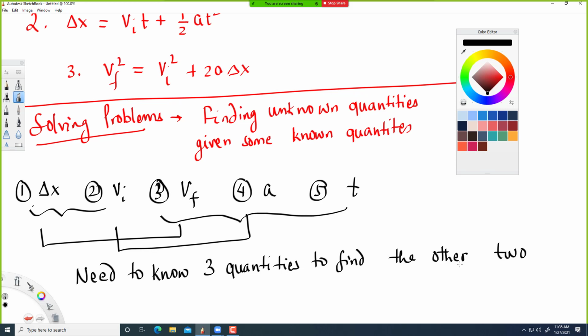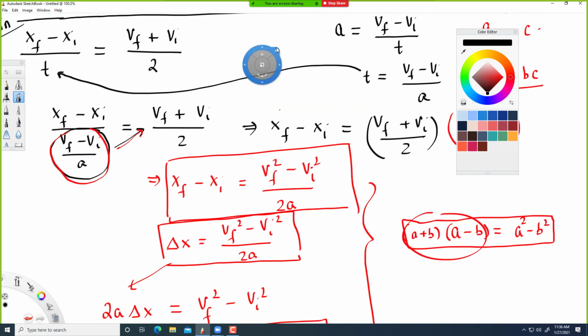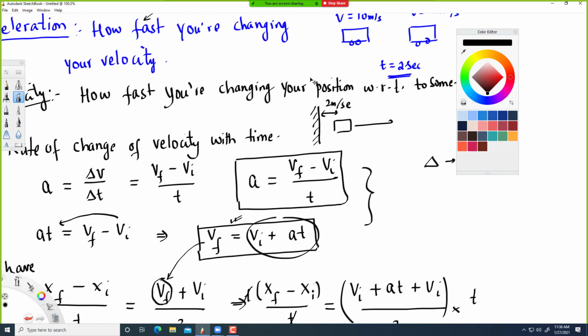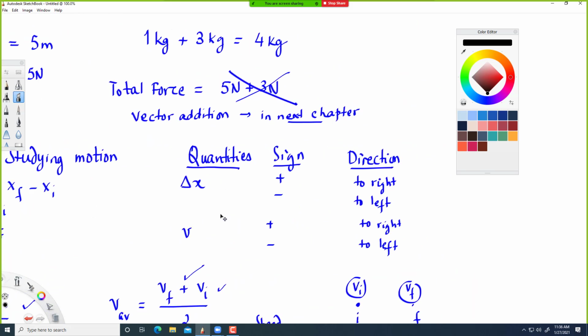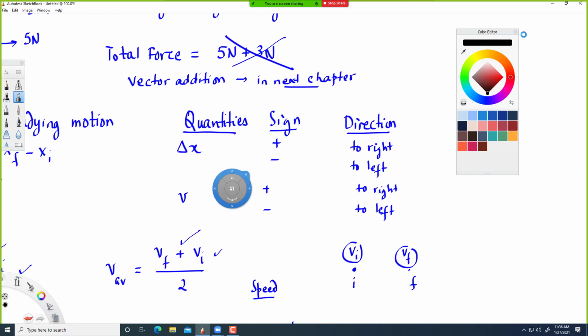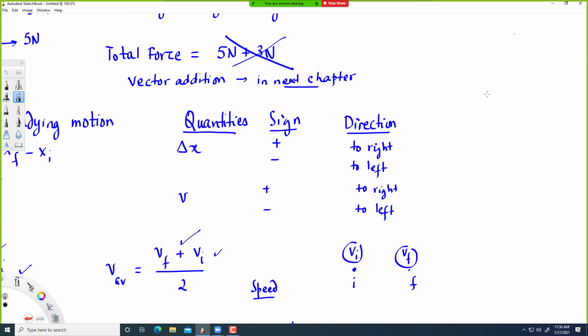Before we apply this, one more thing I would like to show you that was left incomplete before. So let's go back. We talked about the direction of displacement and velocity.